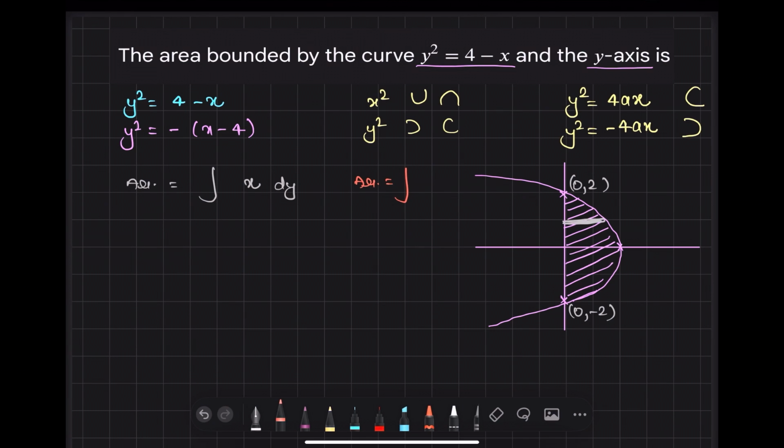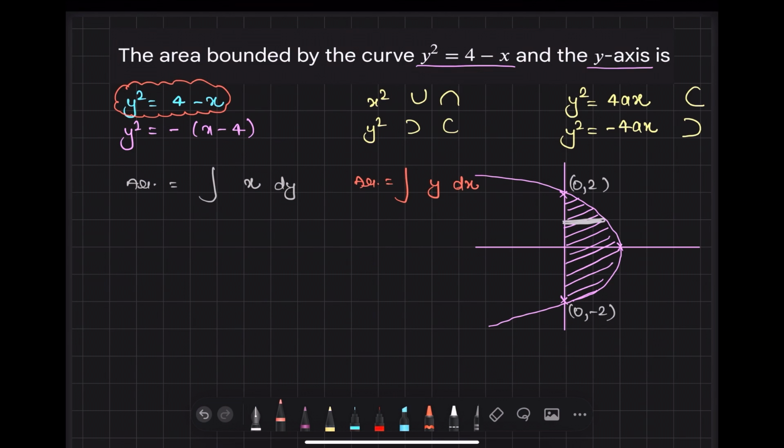So it is integration of dx, and here we should write y. Correct? Now look at your function. What do you think? Is finding x much more convenient, or finding y? You can find both of them, but I would suggest you go with x.